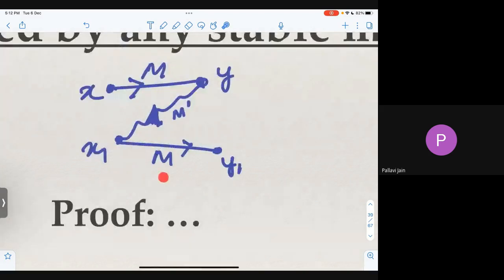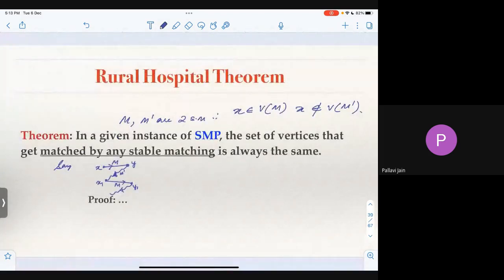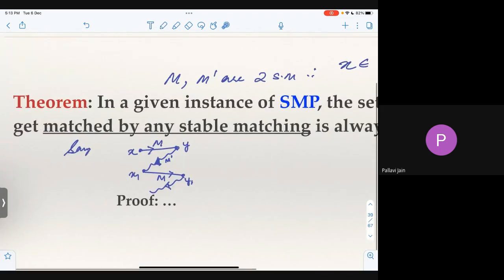That cannot happen. So if we continue like this, because we're dealing with a finite instance, at some point, we have to come back to X. You cannot end with an edge like this, because that vertex would be one where it is matched only under one matching and not both.